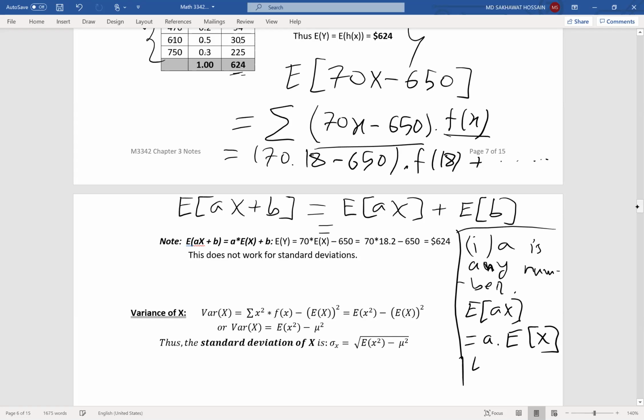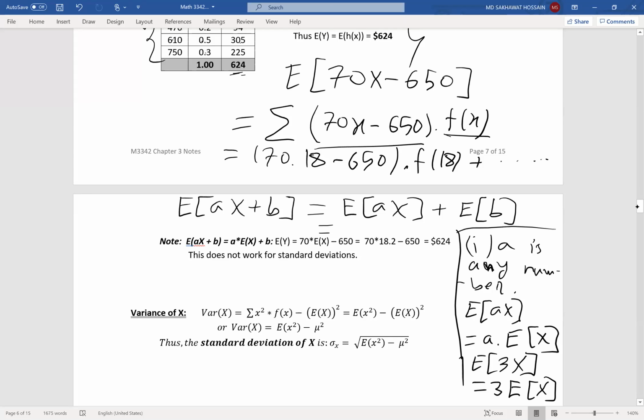For example, expected value of 3x: you multiply x by 3 and then calculate the expected value, or you can write this as 3 times expected value of x. That means you can simply calculate the expected value of x and multiply by 3.